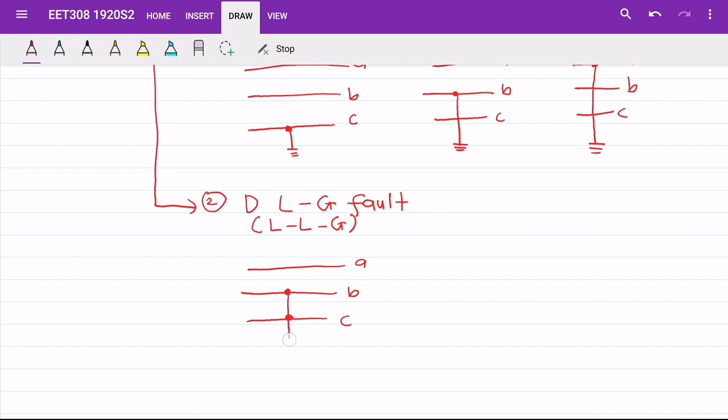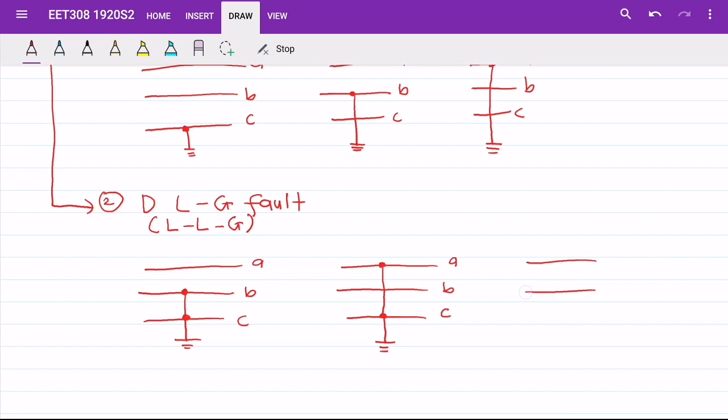B and C connected together and connected to the ground. Or A and C connected together and connected to the ground. Or A and B are connected together and also connected to the ground. So these three types of connections we call double line to ground faults or line to line ground.